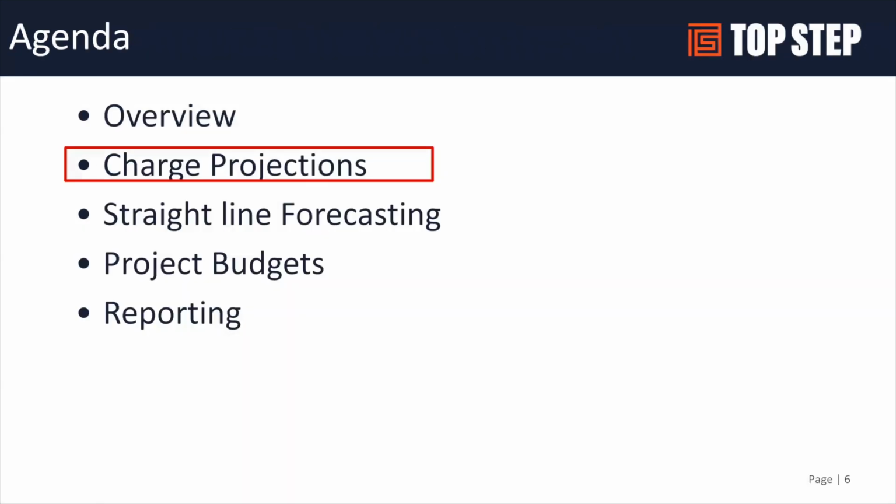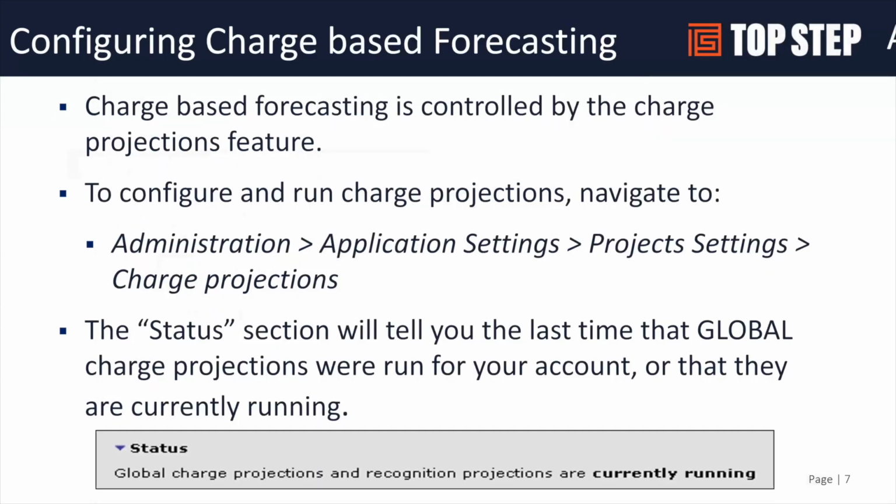So what are some of the details around charge projections? Charge-based forecasting is set up in the project settings, and it can be scheduled to run nightly. There is also an option to have it run on demand within a specific project, using the light bulb and clicking the Run Charge Projections Now option.